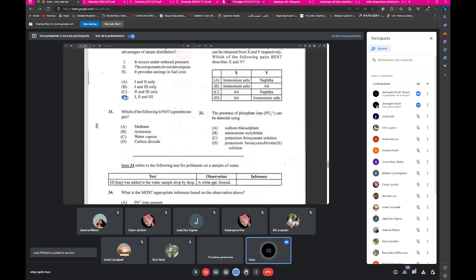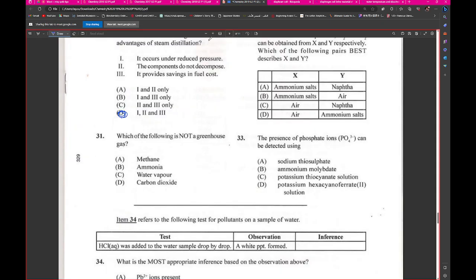Which is not a greenhouse gas? B. B, B. The ammonia is in. Yeah, yes. All right.